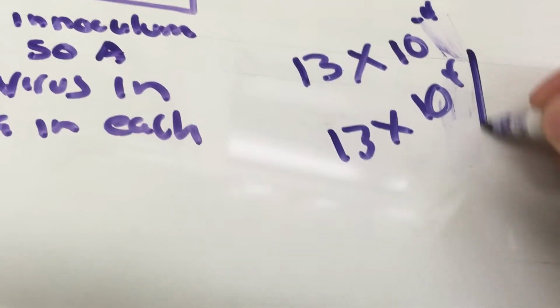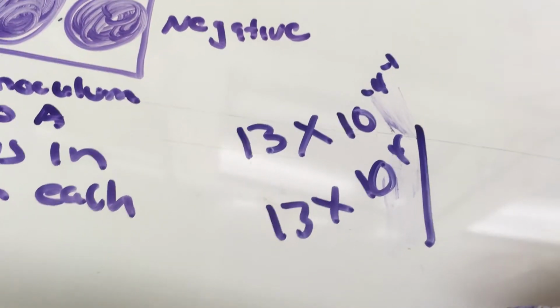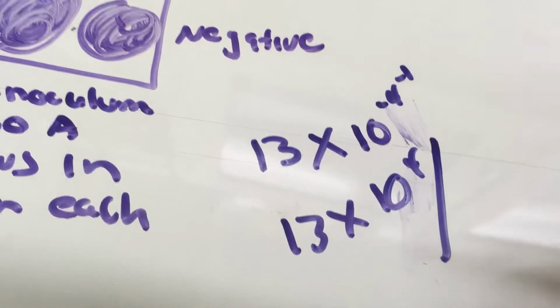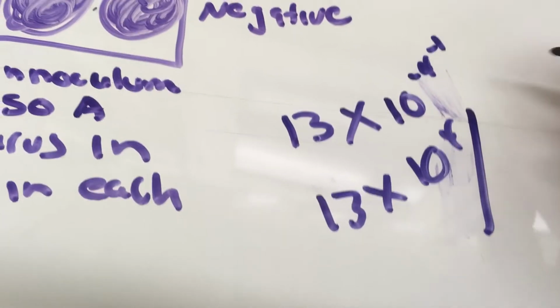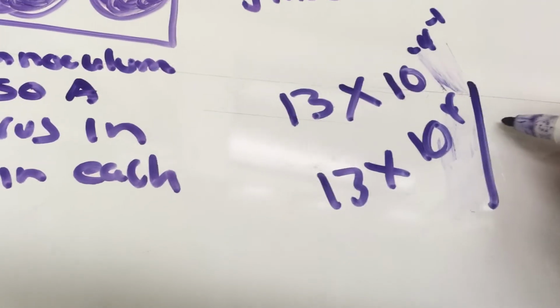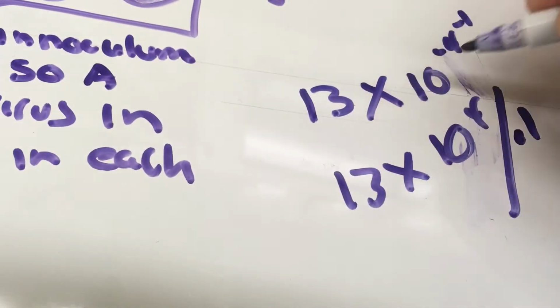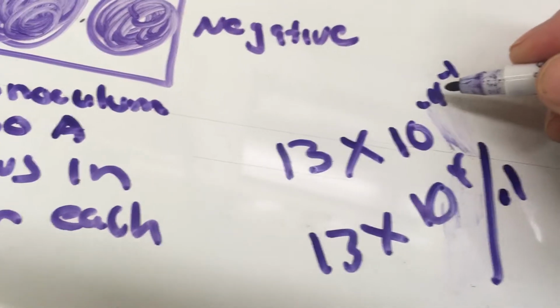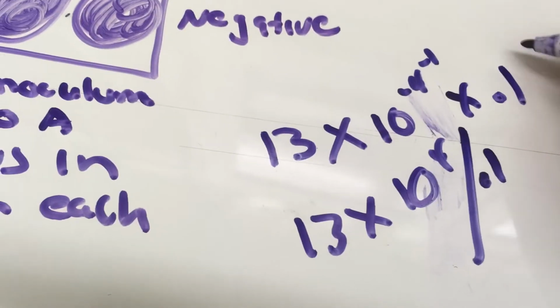And then we need to divide that by our viral inoculum based on how many mils we added. We didn't add an entire mil. We added 0.1. And so we divide that by 0.1. So if you remember the original formula, it would be 13 times the inverse of 10 to the 4th to the negative 1 times 0.1 to the negative 1.